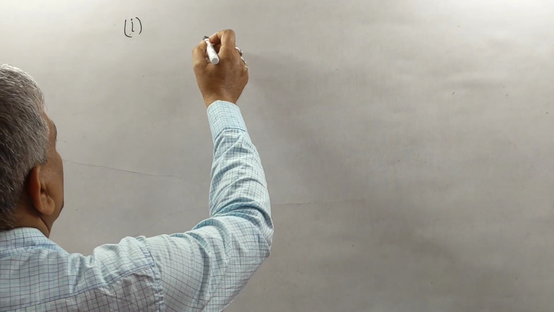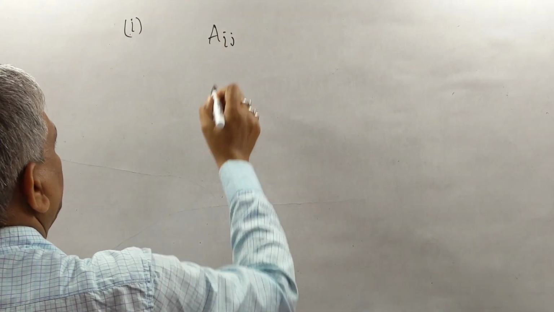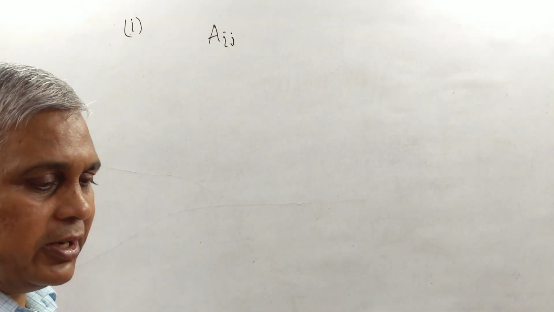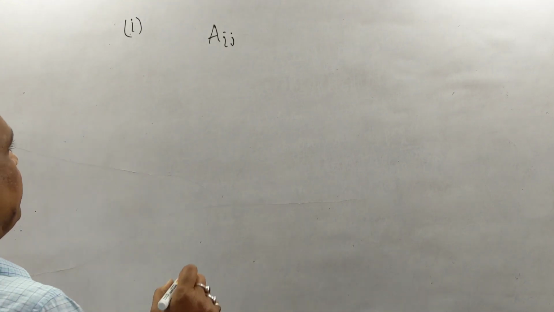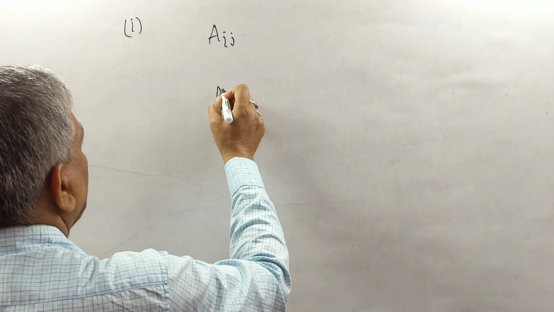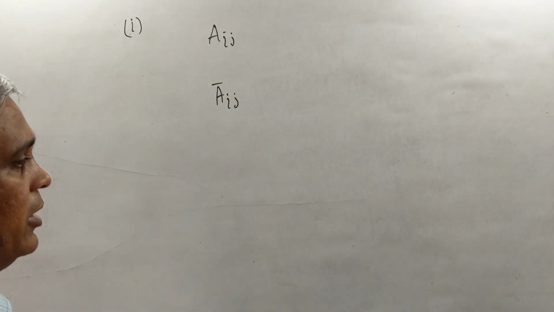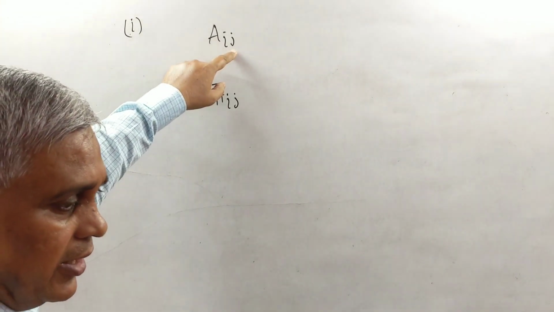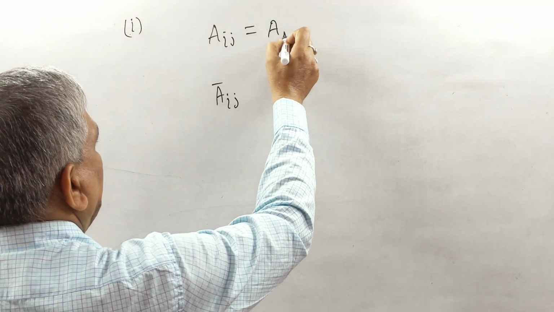Let Aij be a second rank covariant tensor in X system of coordinates. Its corresponding value in X bar system of coordinates be A bar ij. We consider Aij to be symmetric, then Aij equal to Aji.